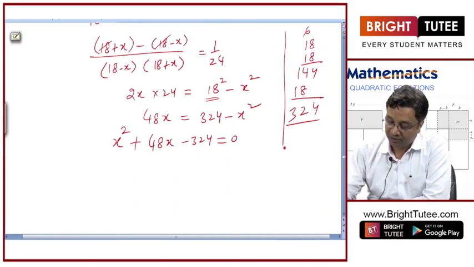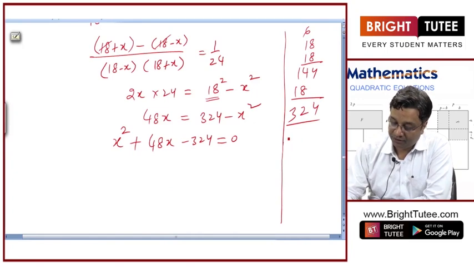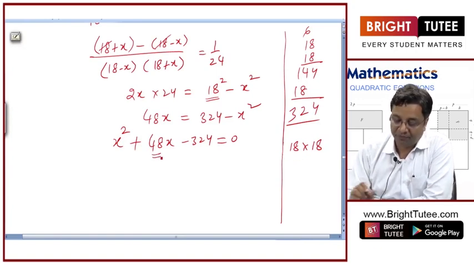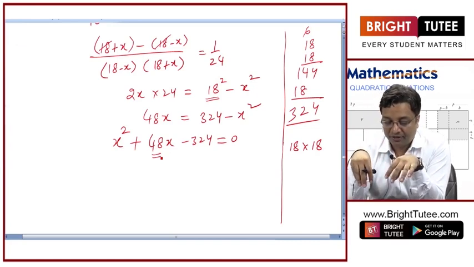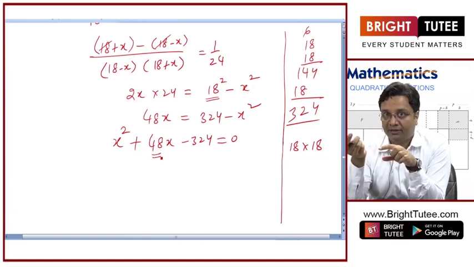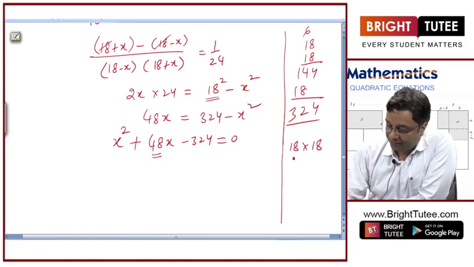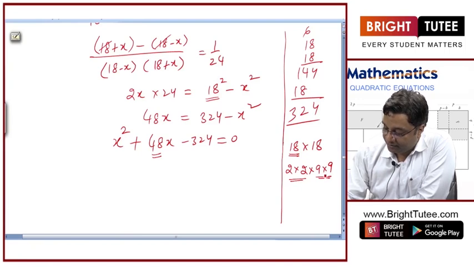Now again the factorization process. 324 is the square of 18, right? 18 into 18 is 324. Now we need to create a 48, so we need to split 48 in such a way that it gives us 324, with a minus sign. 18 into 18 can also be written as 2 into 2 into 9 into 9, which is 4 into 81.